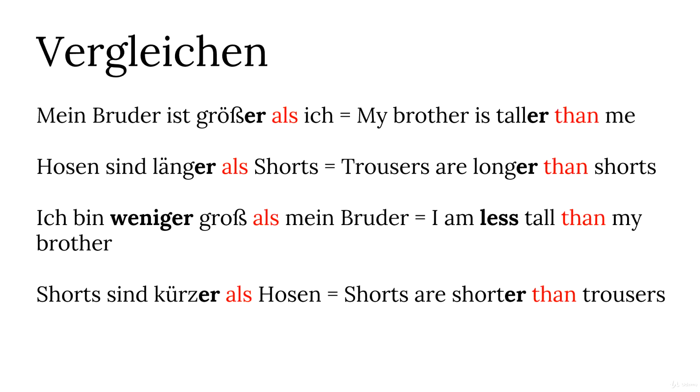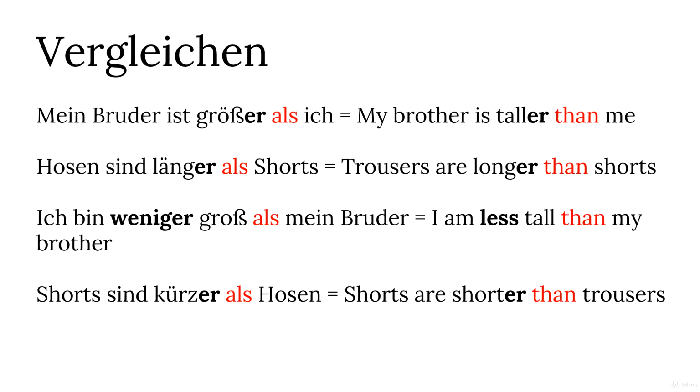Er and then than. In German, you say, Hosen sind länger als Shorts. Länger comes from the adjective lang. You add er and you also change a into a umlaut. And then you write als.